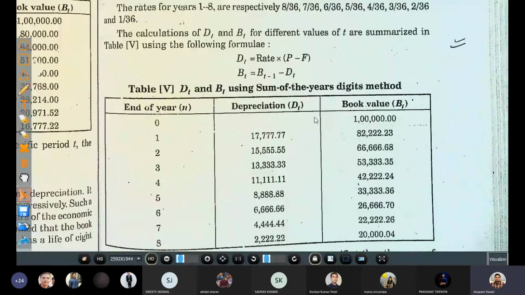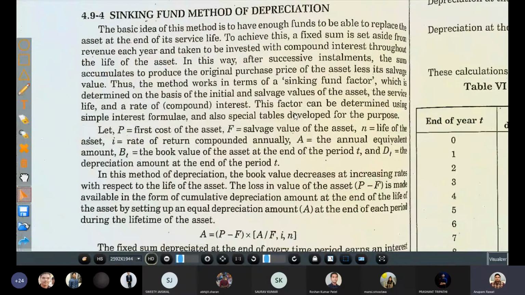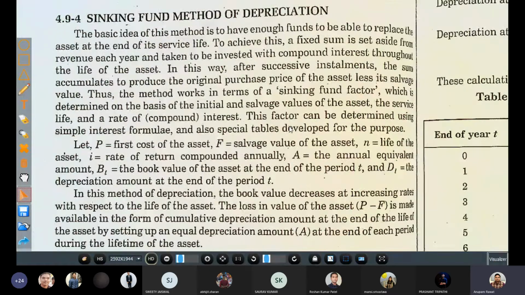Then after that, another method, that is the sinking fund method of depreciation. The basic idea of this method is to have enough fund to be able to replace the asset at the end of its service life.